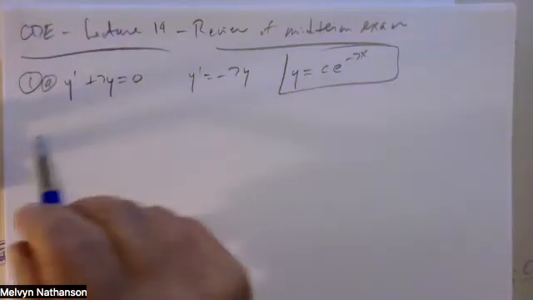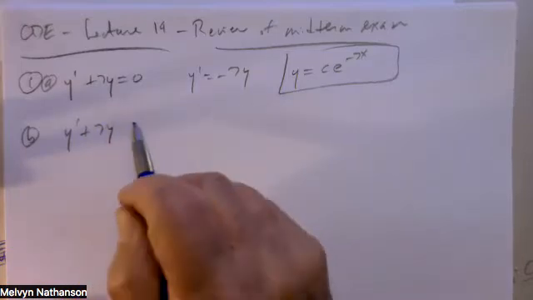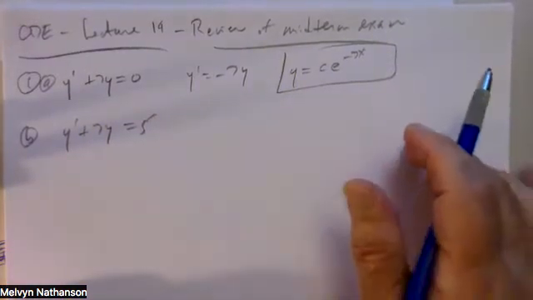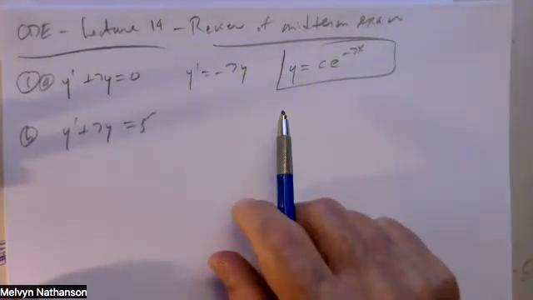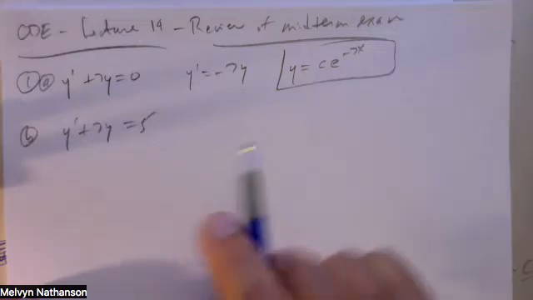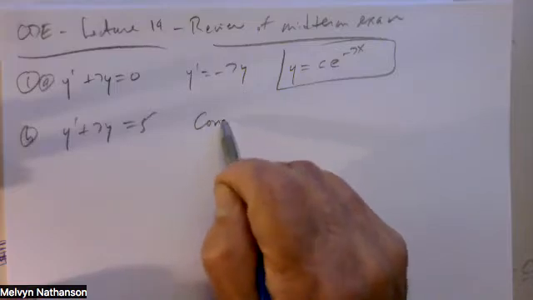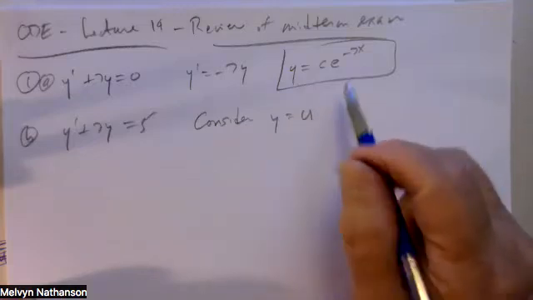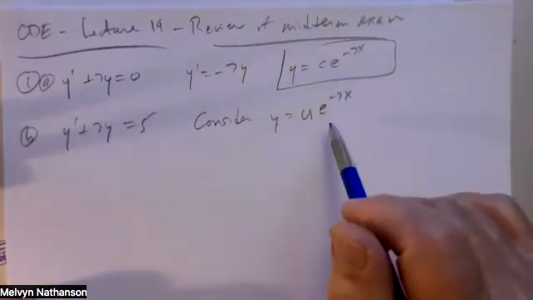For the non-homogeneous differential equation, y prime plus 7y equals 5. So one method is, first of all, there is a general formula, which if you remember, always works to, in principle, solve a first order equation. But if you don't remember it, you could look for a function y, which is some unknown function u, times a particular non-zero solution of the homogeneous equation.